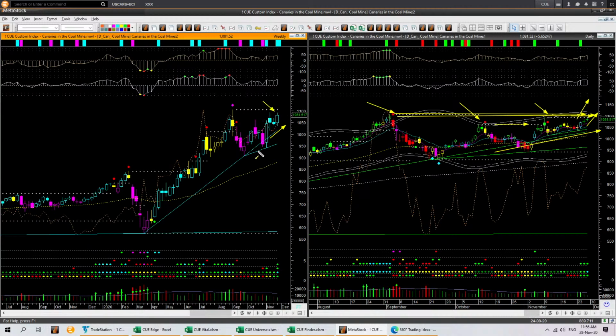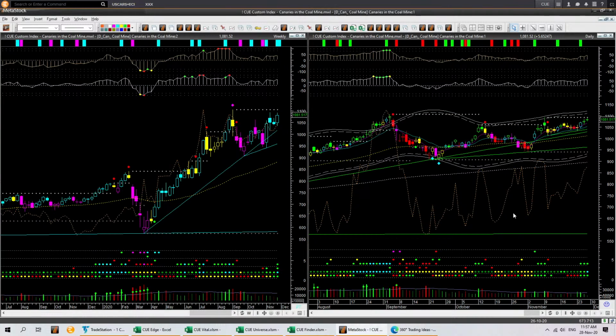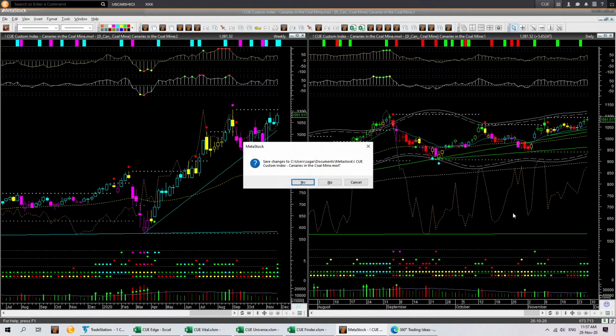Weekly showing it is bullish in the recent period or even in the longer term. However, because there is a watermark resistance here, we see that the canaries in the coal mine is relatively weaker compared to IWM, for example.